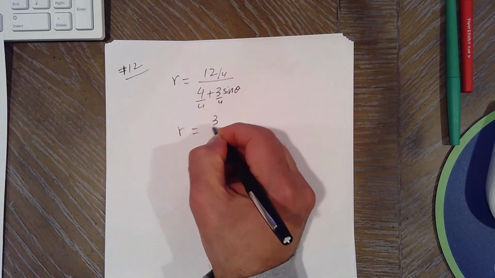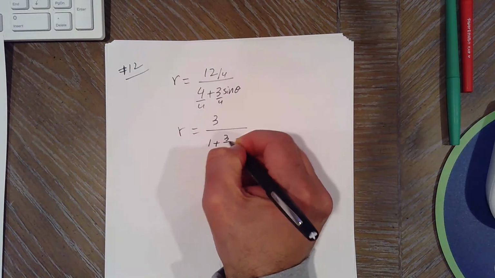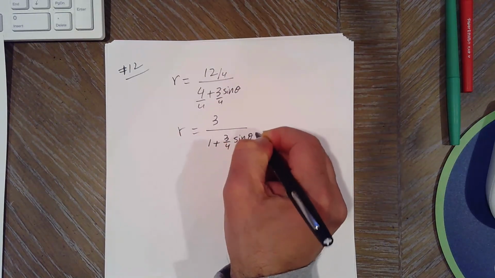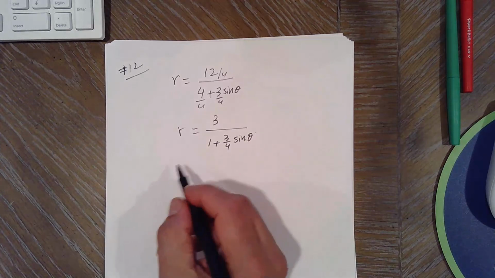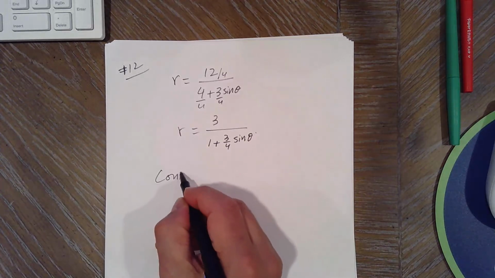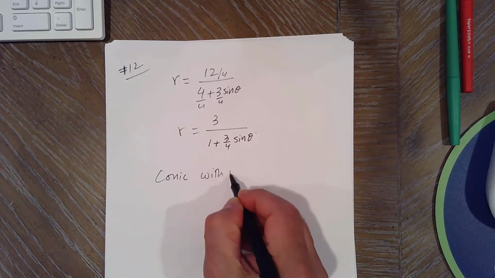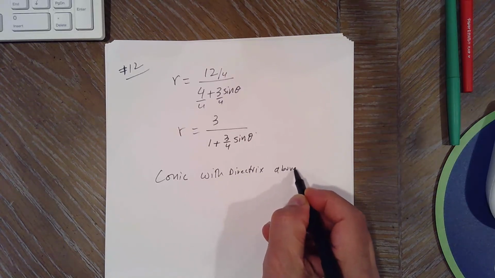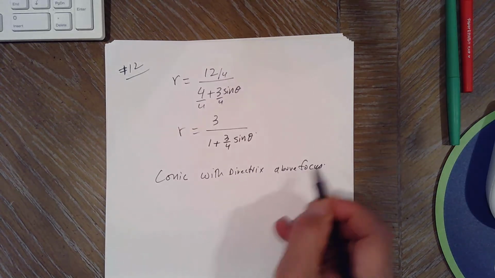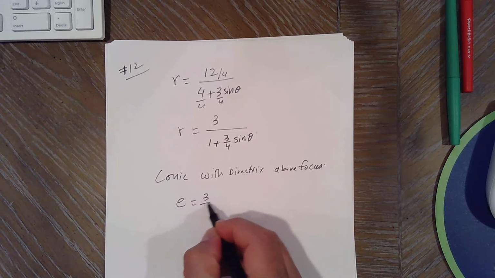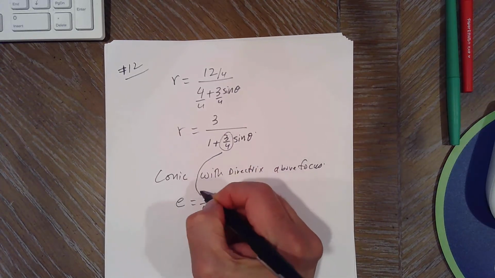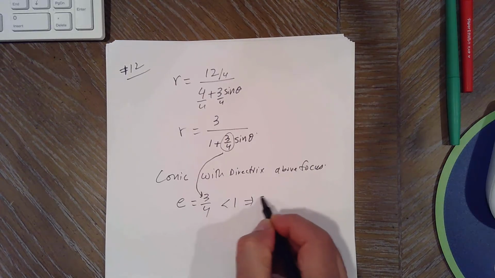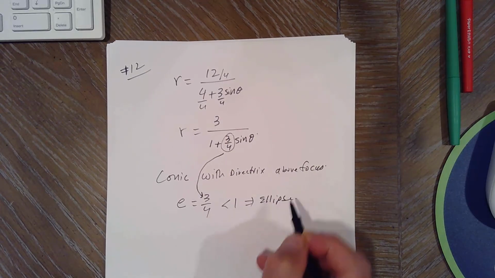So you get 3 over 1 plus 3/4 sine theta. So we have a conic with directrix above the focus, and e is 3/4, less than 1. That means it's an ellipse.